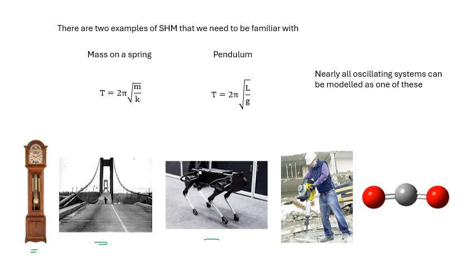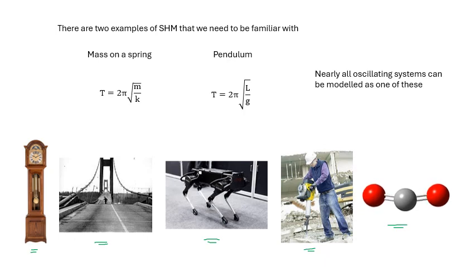It's called a torsional oscillation, but it's basically a mass on a spring. When you walk, your legs do something called an inverted pendulum, an upside-down pendulum. You can model walking with pendulums. The jackhammer there is obviously a mass on a spring. Molecules vibrate, like when you put water in a microwave, the molecules oscillate, and that's masses on springs.